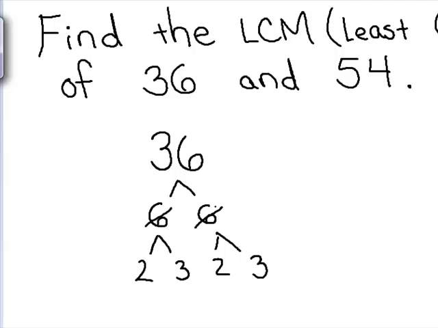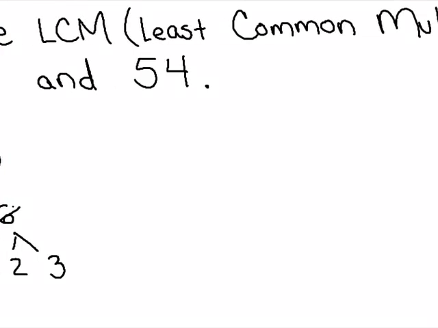Now that I have the prime factorization of 36, let's find the prime factorization of 54. Two numbers that give 54 if I multiply are 6 and 9.